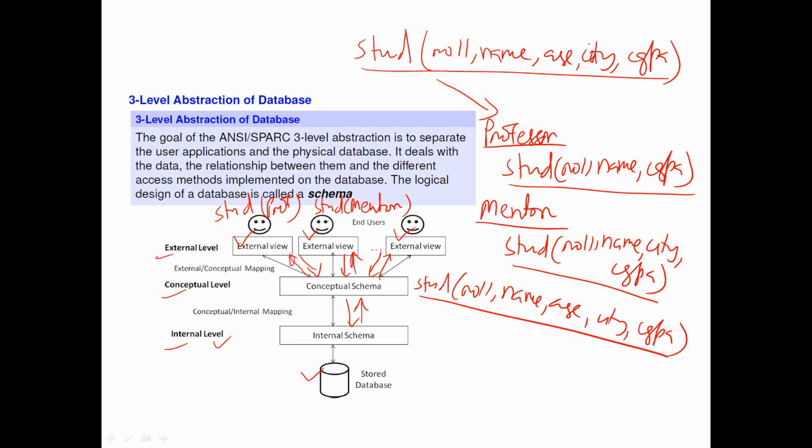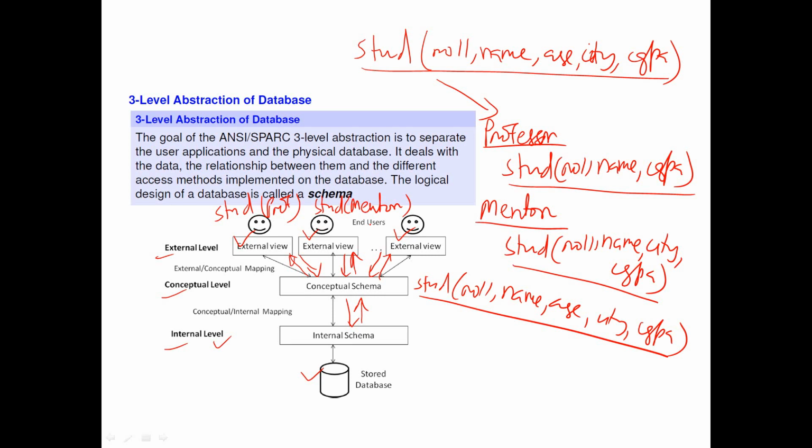Now the internal schema is normally handled by the database administrator. What storage mechanism they are using, what type of hard disk they are using, all the details will be mentioned there. So that we can discuss later on.